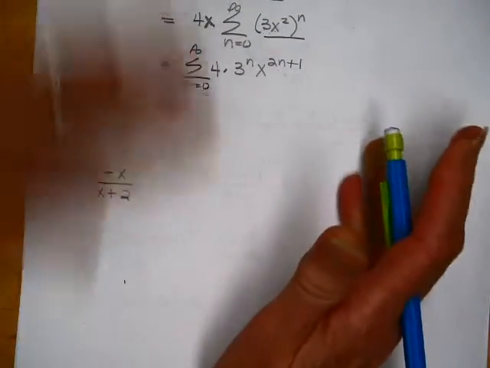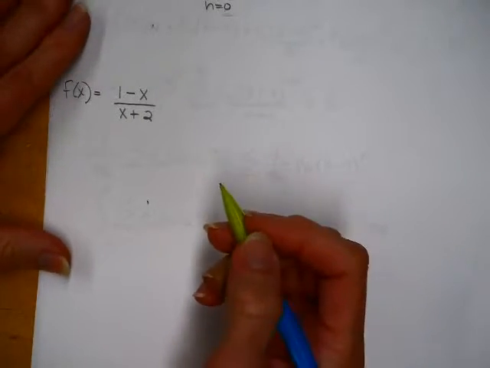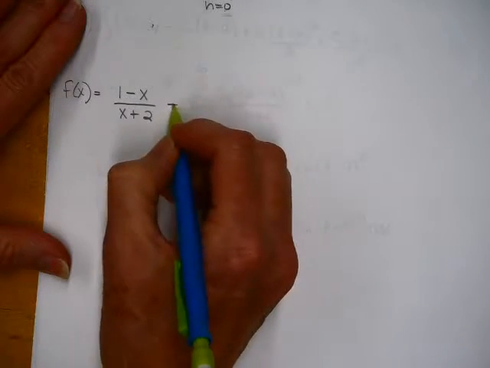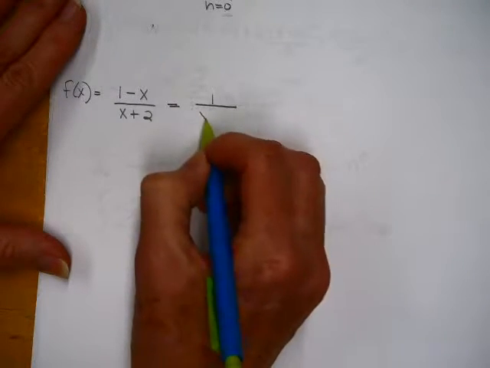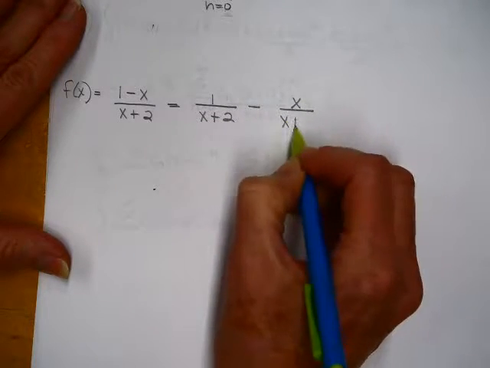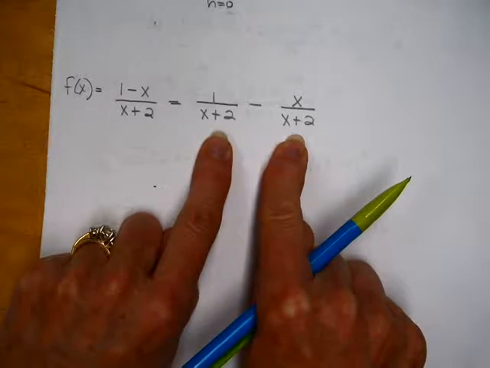All right, here's another one. I have 1 minus x over x plus 2. For this one, I'm going to split this into 2 fractions and work it as 1 over x plus 2 minus x over x plus 2, because I can write a power series for each of these.